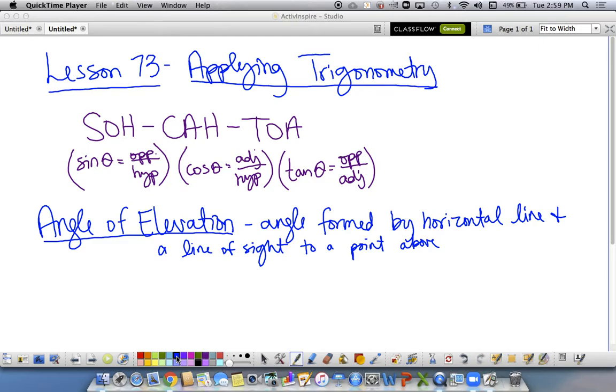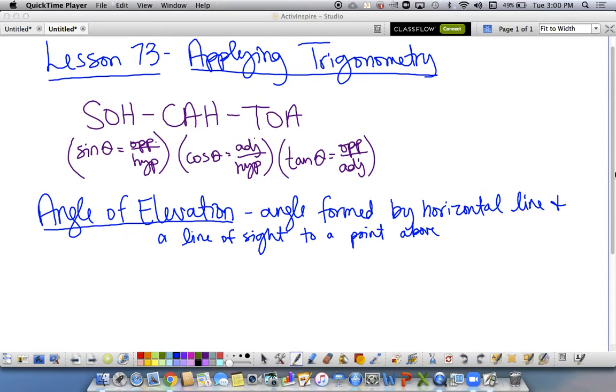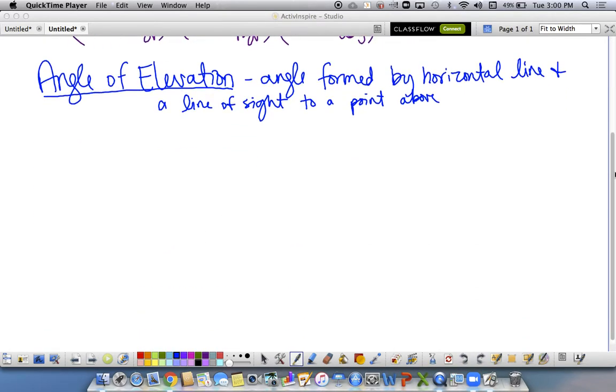So, what does that look like? I'm going to draw them both in just 1 second. So, here we go. I'm going to scroll down just a little bit. And we're also going to talk about the angle of depression. Okay, so I'm going to put down here, I'm going to draw in between of depression.